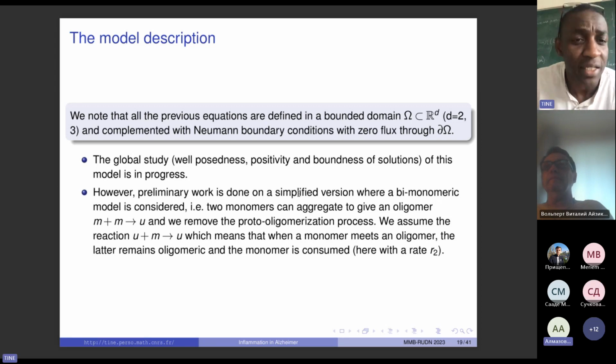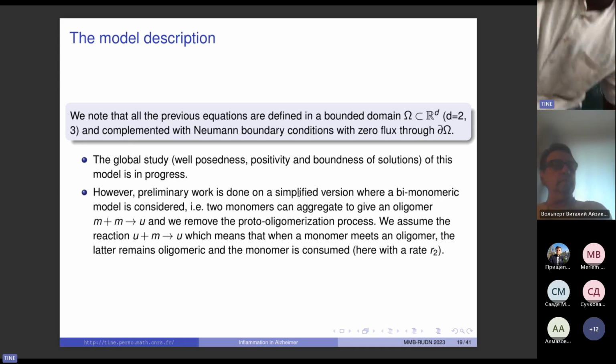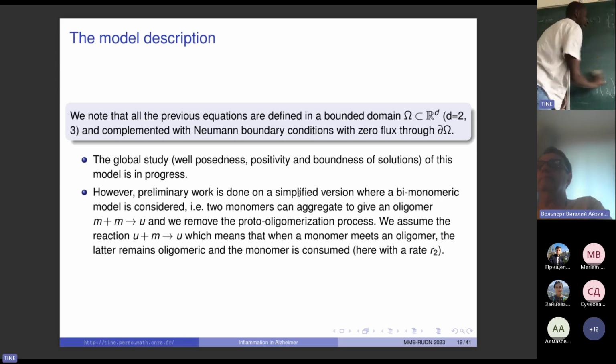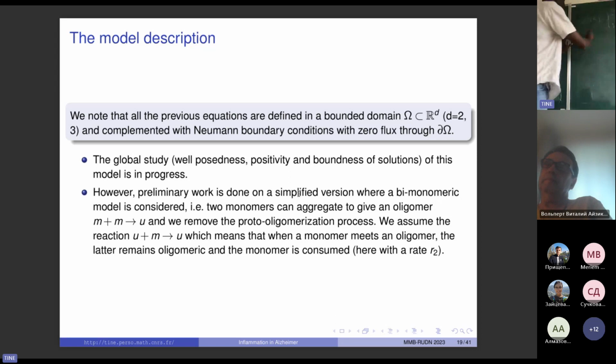Yes. Here what we say is, of course, it is a very simplified version of the brain. I don't know if you see the table here. Yes, we see this. So what we say is that it is a very big simplification.